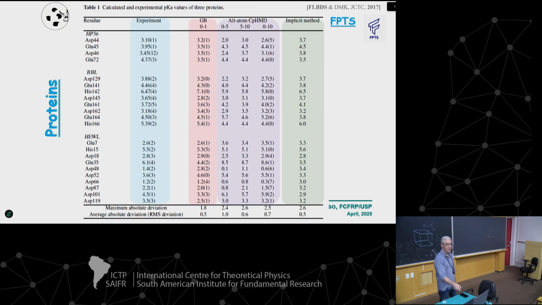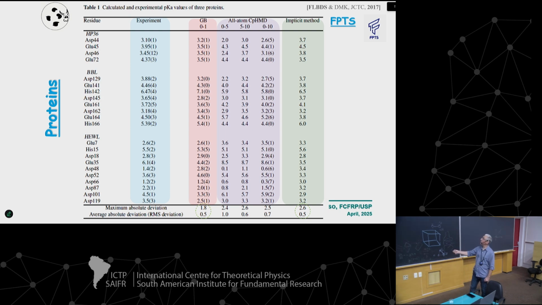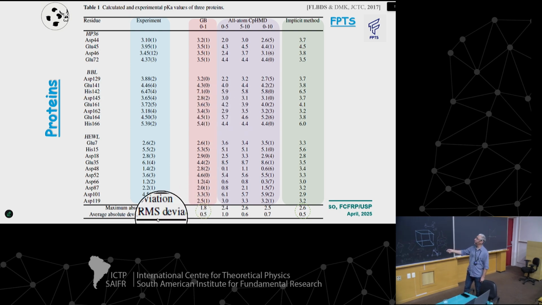That's another approach that's also used in simulations. And if you look at the common metrics that are used, you can see that the best results are the ones from an approximated method here, GB. That's the one that comes closer to the experimental data. Our data, using the implicit model, can also, on average, be equivalent.